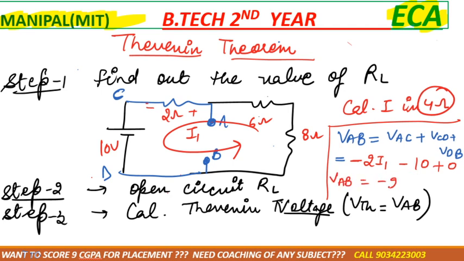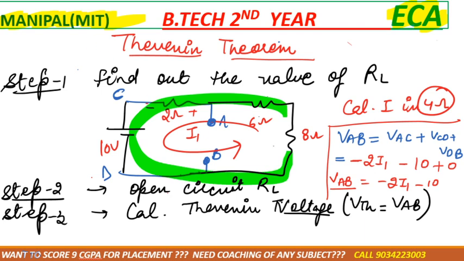So now in this we'll have two variables, one is I1 and one is VAB, correct? For two variables we have to make two equations. So for the second equation we can apply mesh analysis on the complete circuit. Now tell me, according to you, in this will we have a single loop or a double loop? Single mesh or two mesh?